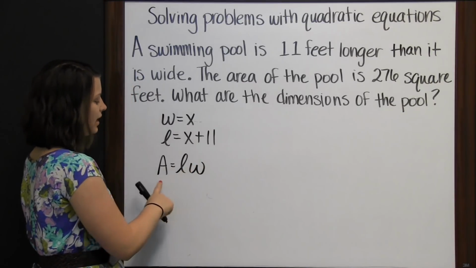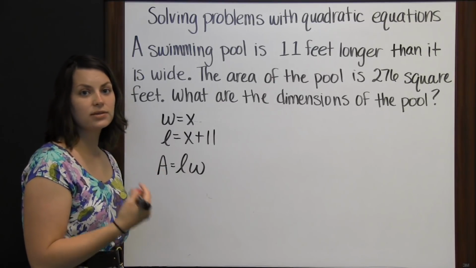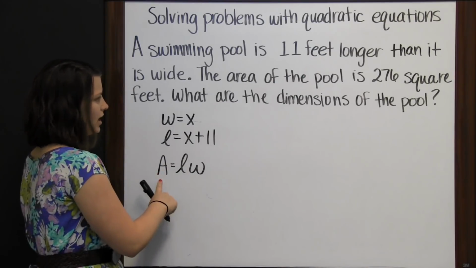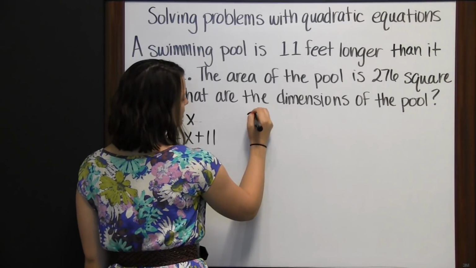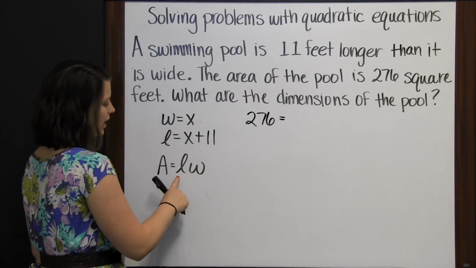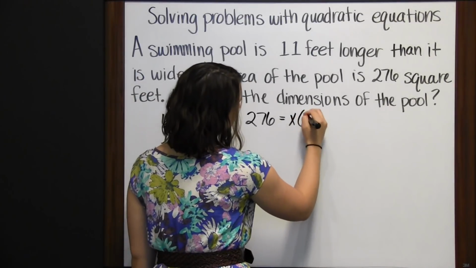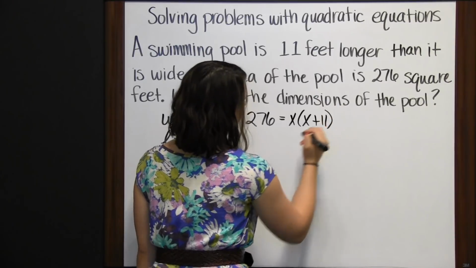And they told us the area. And we have expressions for our length and our width, so we're just going to substitute. The area is 276 square feet, which is equal to the length, x plus 11, times the width. So x times the quantity x plus 11.